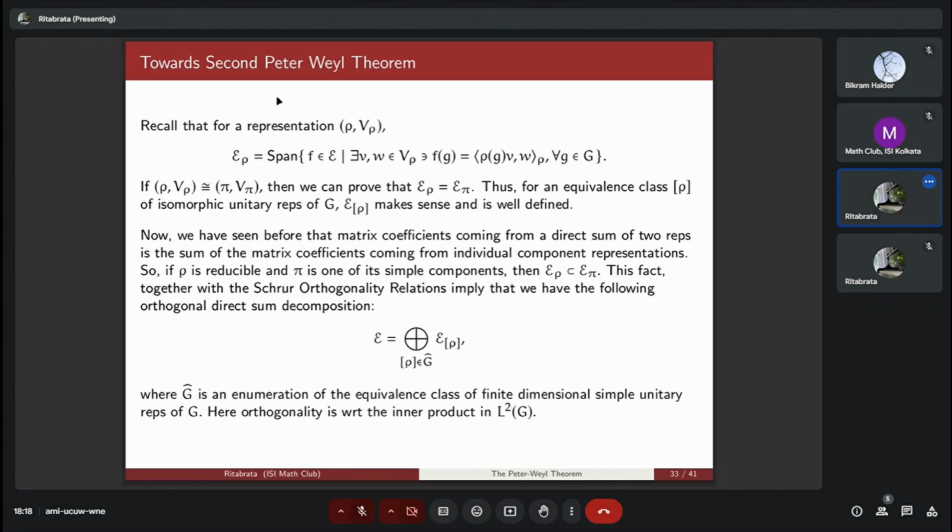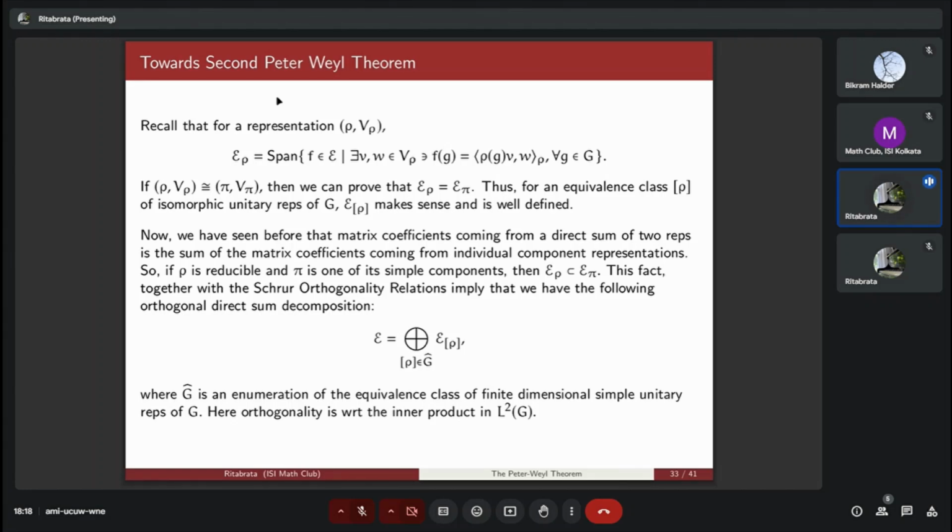We can focus on the matrix coefficients coming from irreducible representations. That is more important because the simple components form the basic building blocks of representations, so they are of utmost importance.